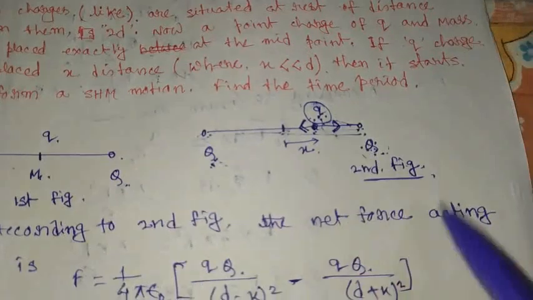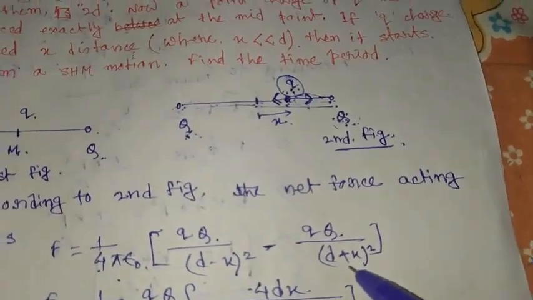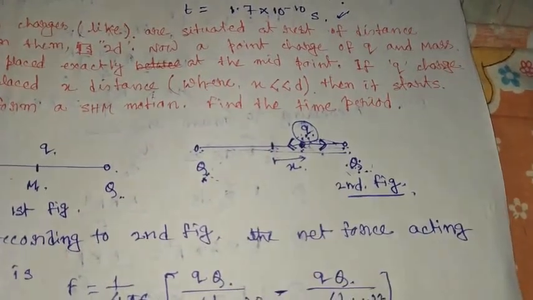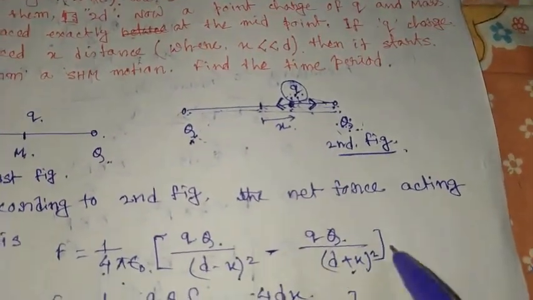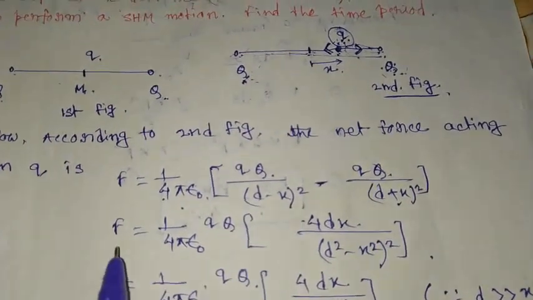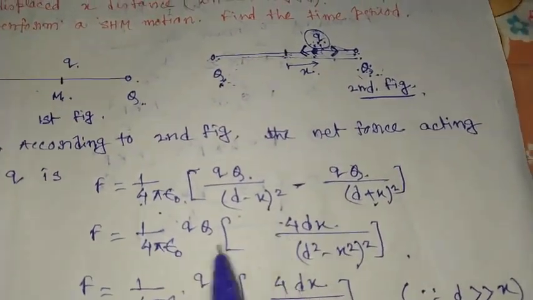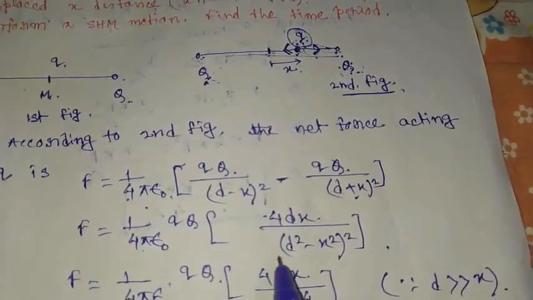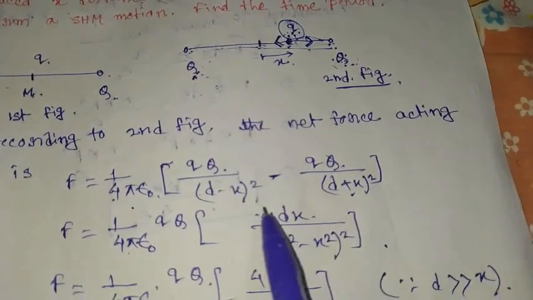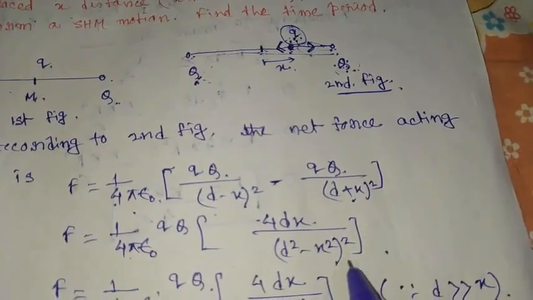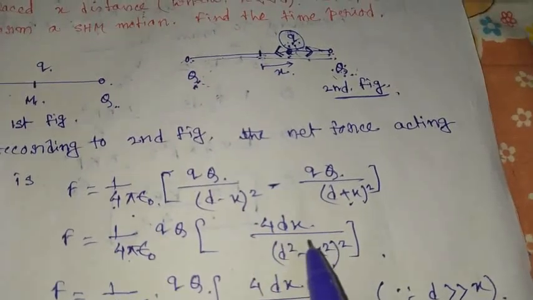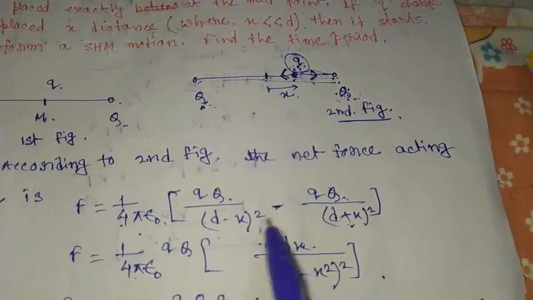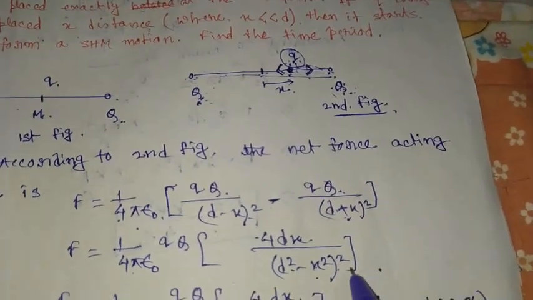So Qq by (d plus x) squared, due to the other Q, and the force between them can be written in this form. The calculation can be shown this way: 1 by 4 pi epsilon naught and Qq taken outside of the bracket, and if you take the LCM, you find that 4dx comes in the numerator, and in the denominator (d squared minus x squared) whole squared.